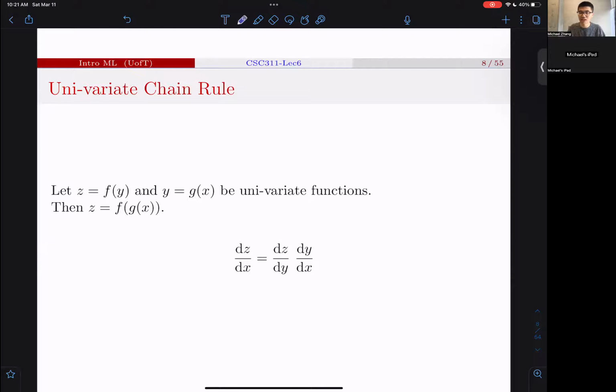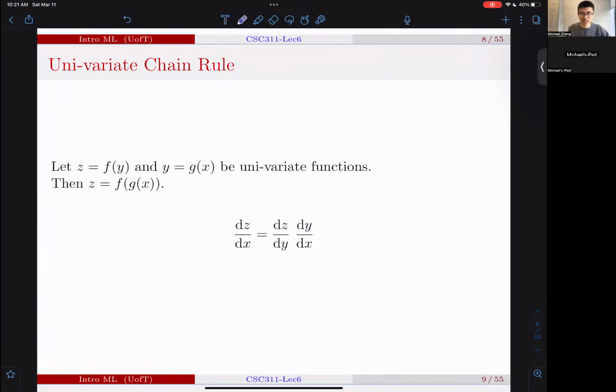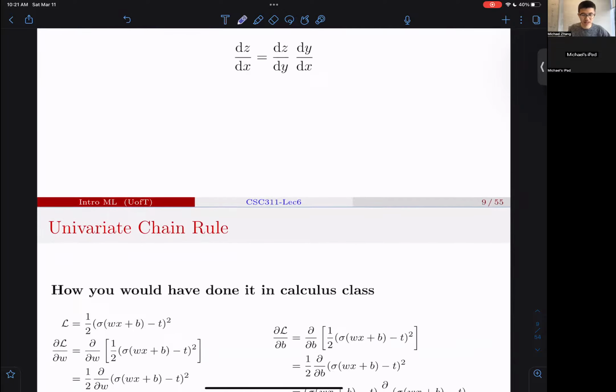So this should be familiar from a previous calculus class. And because we're just dealing with univariate functions in this first example, we can directly apply the chain rule.